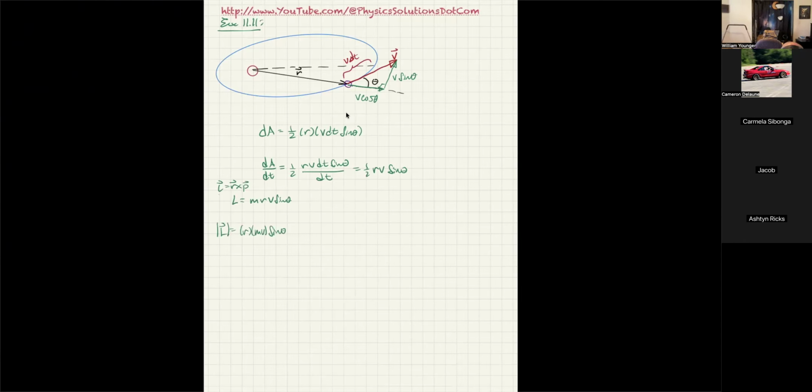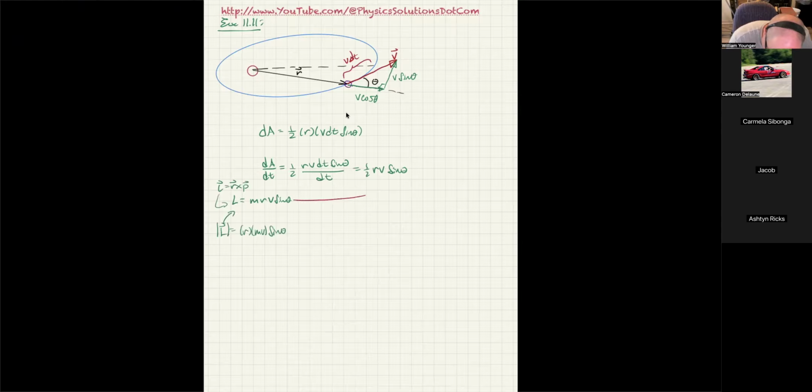So these two equations come together, and we can see that dA/dt looks a little bit like MRV sine theta. In fact, it only differs by a 2m, and from that, we can put these together.